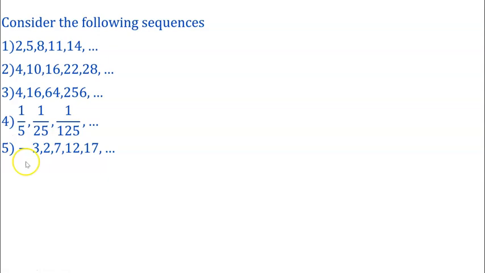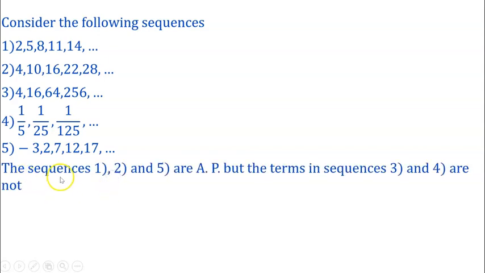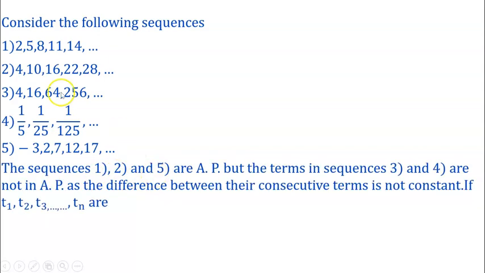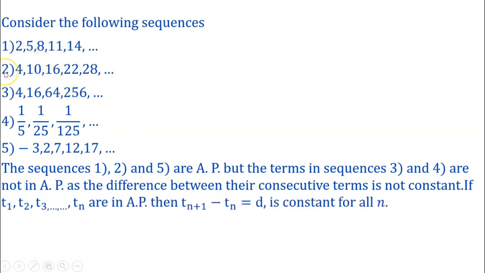Next sequence, minus 3, 2, 7, 12, 17. These are sequences 1 to 5. The sequences 1, 2, and 5 are AP, that is, the difference between two consecutive terms is constant. But the terms in sequences 3 and 4 are not in AP, as the difference between their consecutive terms is not constant.